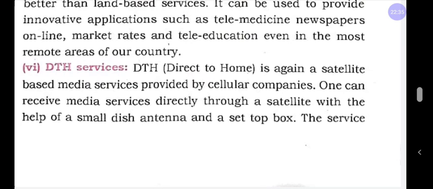From that dish we get a network, and we can watch the TV or television, or get the services, and also we have to pay a sum of amount every month. It is called DTH services. These are the communication services.